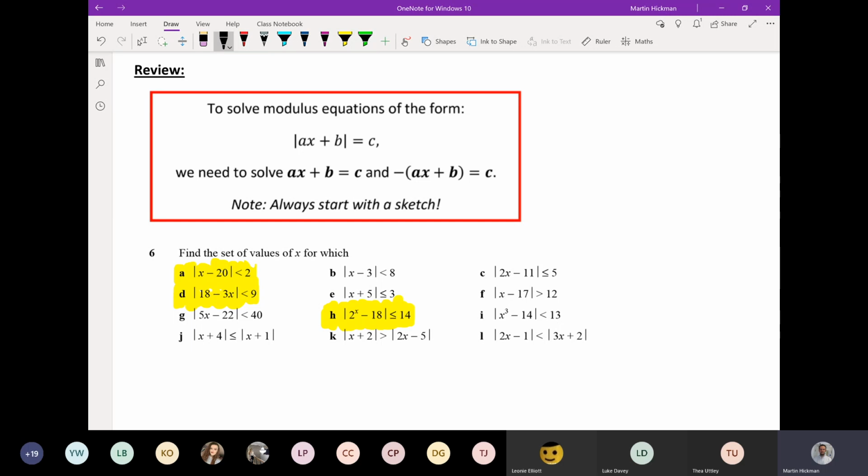So I've just got a few questions here for you to have a go at. Just the ones that I've highlighted in yellow. Have a go at these questions, just to check with me that you understood what we're doing. Give me 5 minutes to work through these, and then we'll pop up the answers at the end.